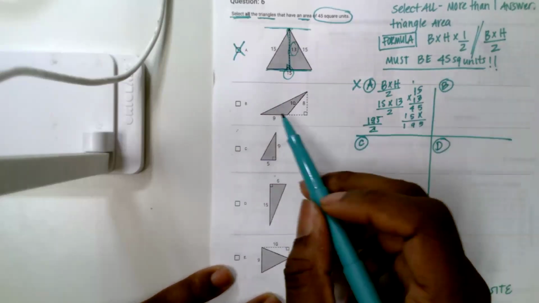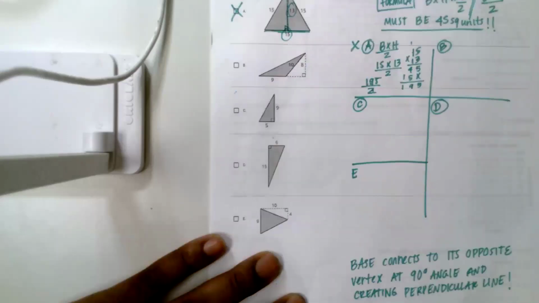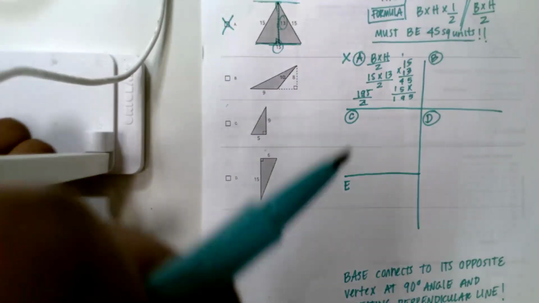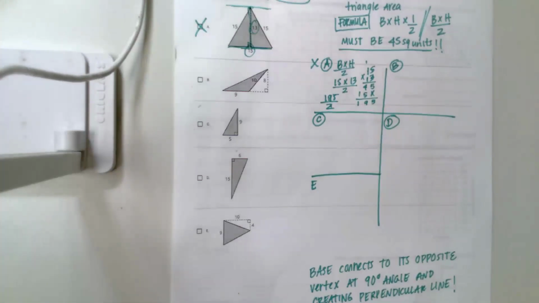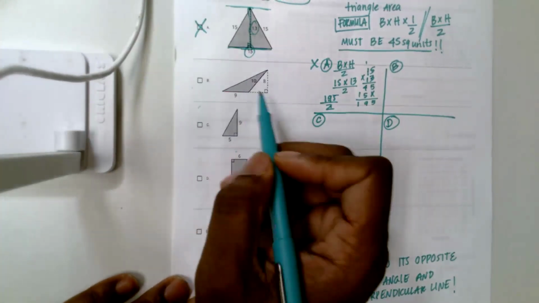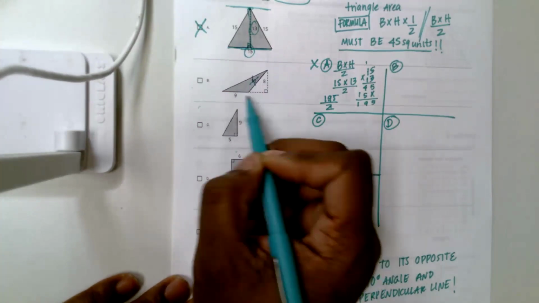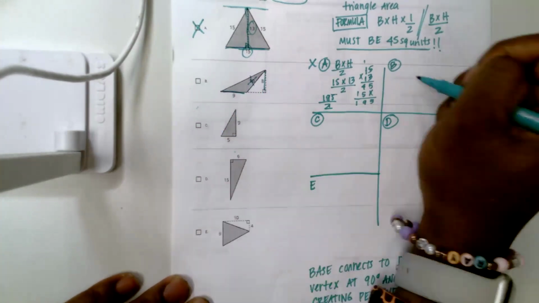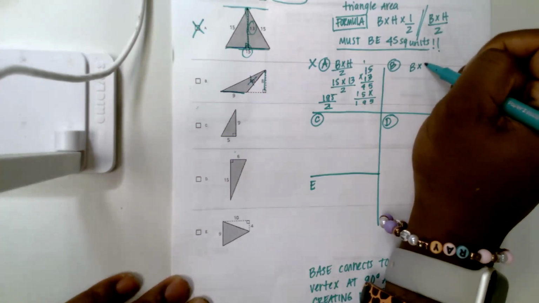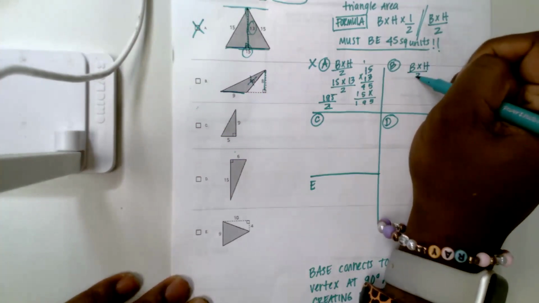Let's look at B. I need to figure out where my base connects to my height at a 90-degree angle. So I know I can't use this slant. My base is 9. My height is 8. So I want to write my formula: base times height divided by 2.